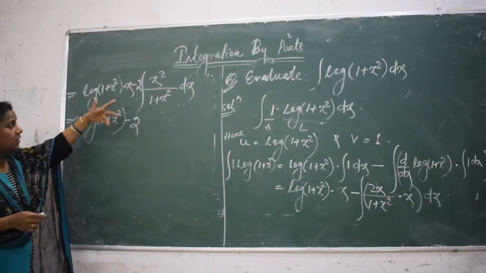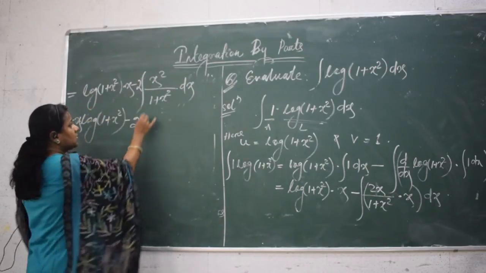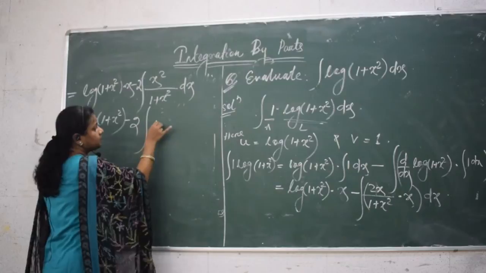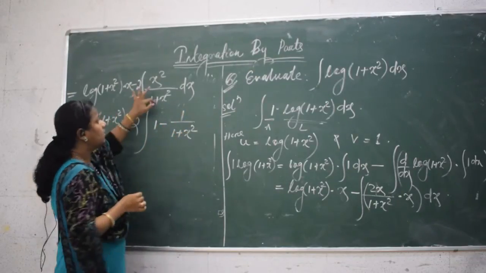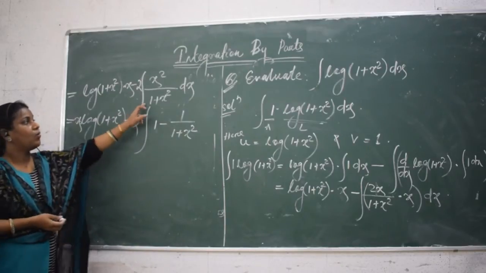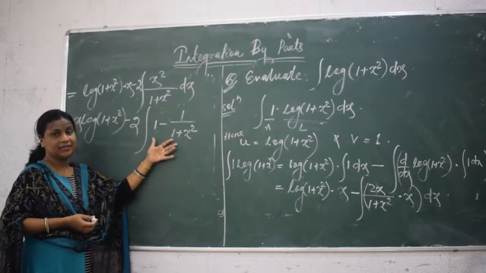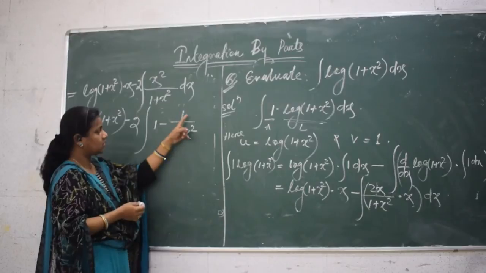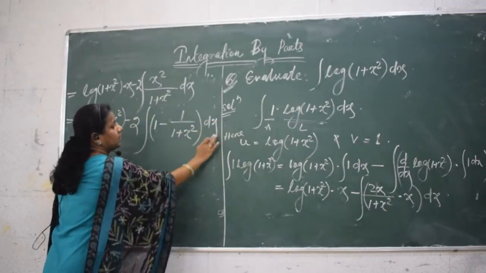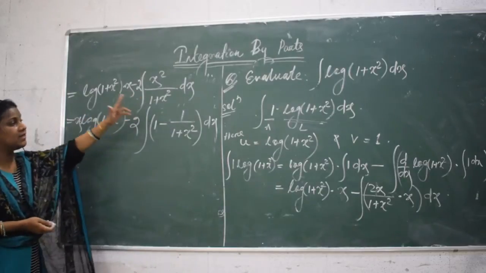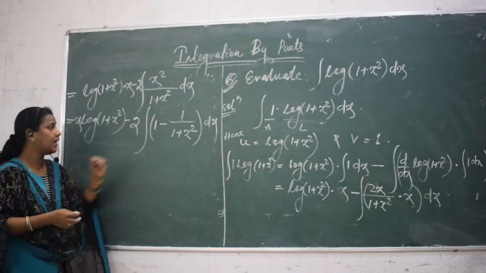If the same degree is there, you have to divide. So here I can write x square by 1 plus x square as 1 minus 1 by 1 plus x square. Okay.